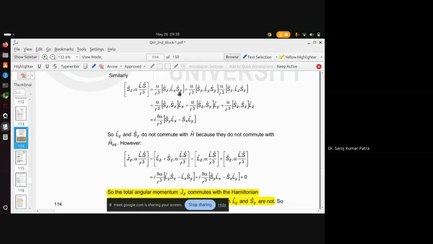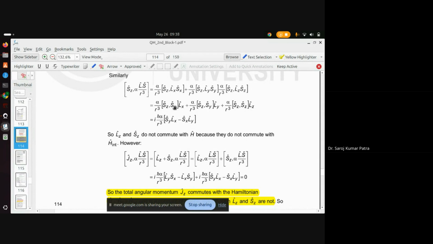Since L and S commute with each other, because L is orbital and S is spin, they will obviously commute. So what exactly will we be getting? [Sz, Sx], [Sz, Sy], and [Sz, Sz]. Again, [Sz, Sz] will be 0. So we are left with the first two.